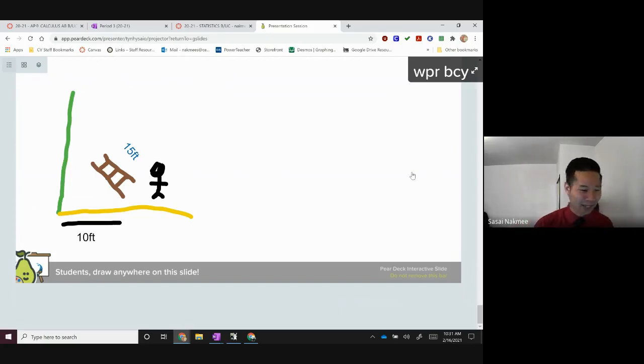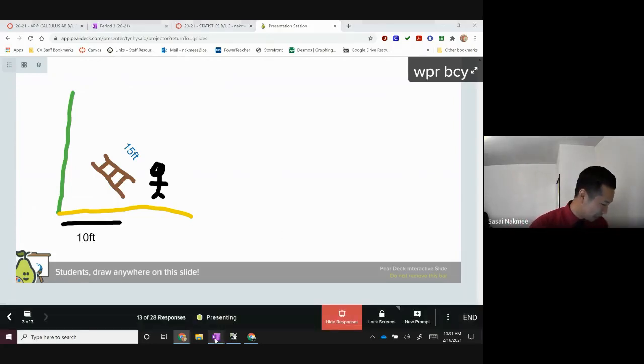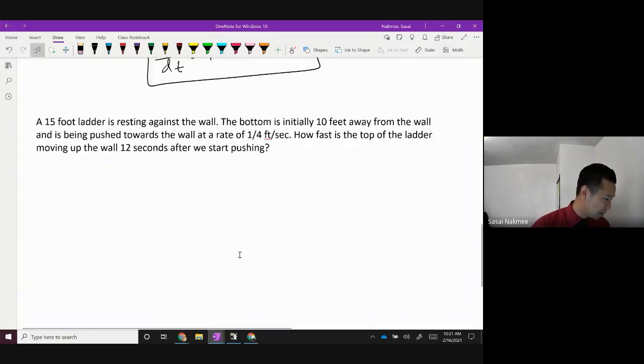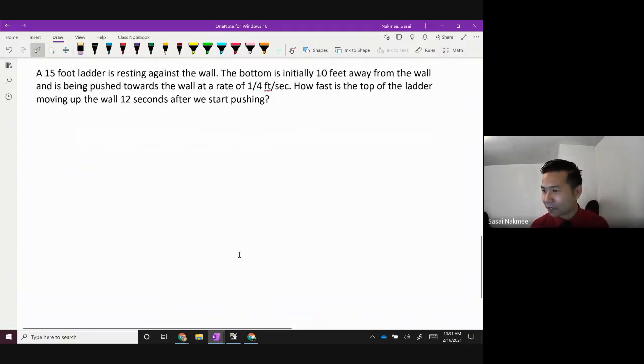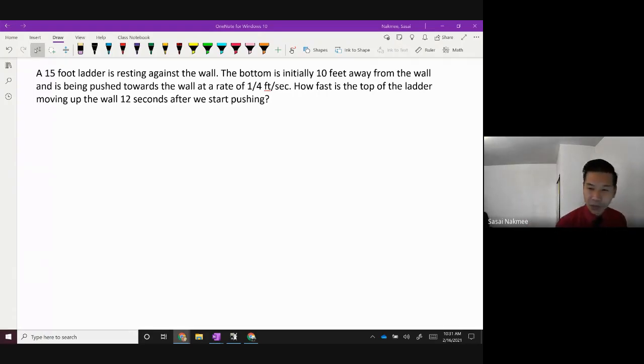But anyways, let's take a look at this problem here. We're probably not going to be able to finish this in time because it is 10:31 here. But let's take a look. All right. So this ladder is being pushed towards the wall, and that's right. There are two drawings for this one. At the beginning part of this drawing, this ladder is like right here.